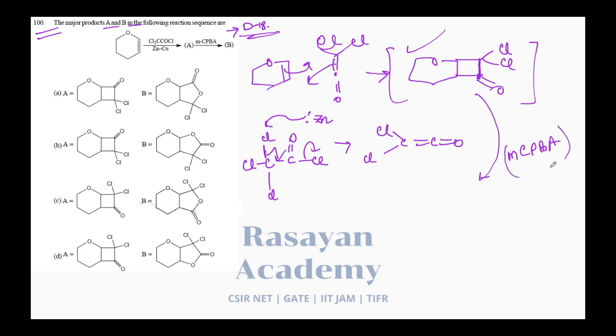So the Baeyer-Villiger oxidation, guys, where is it going to take place? The oxygen will be transferred to the side which is more electron rich. Yes, absolutely. The more electron rich is going to be this side.